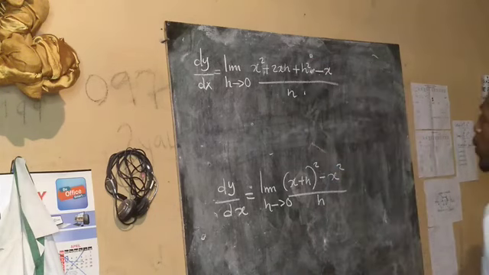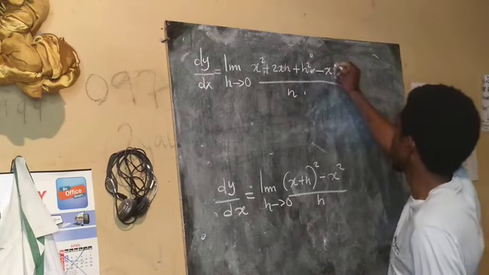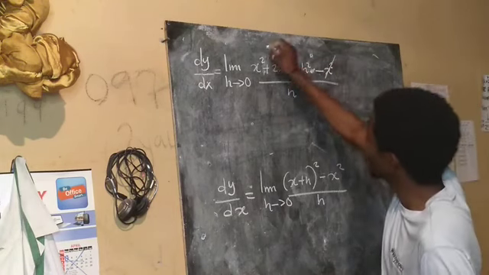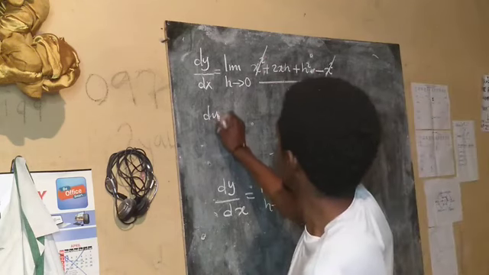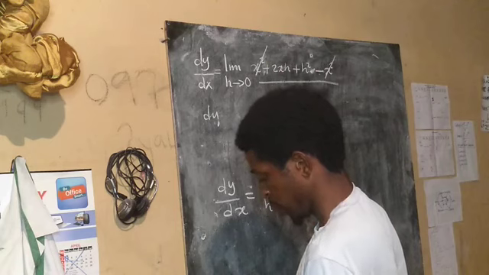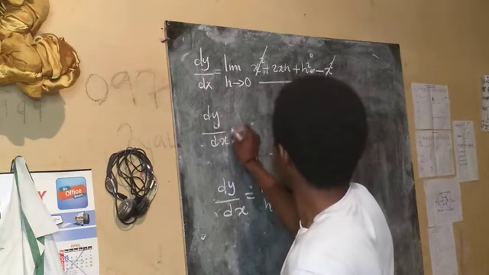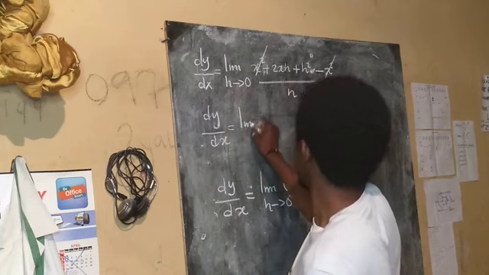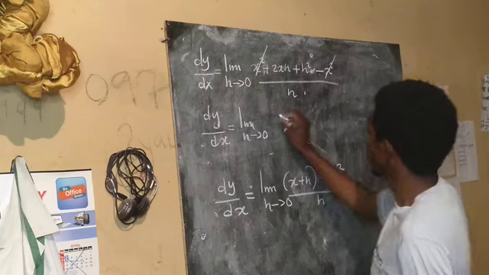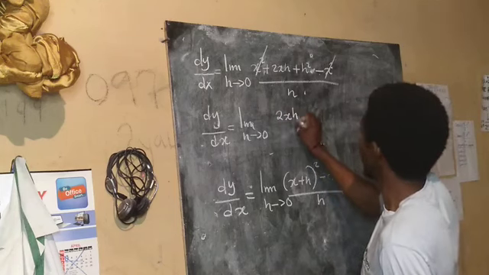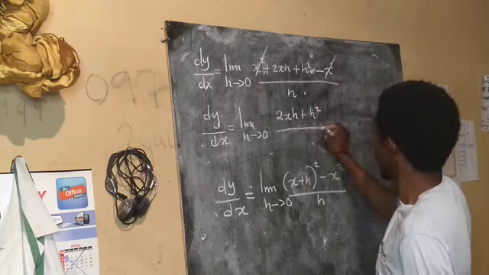Then from there, x squared as positive, this one as negative, so these will cancel. When they cancel, we are saying our dy over dx, limit when h is approaching 0, we have 2xh plus h squared over h.